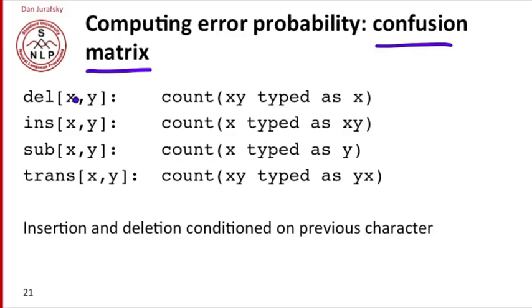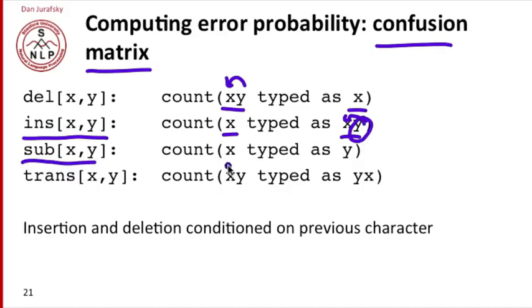So for example, for the pair of letters XY, we want to know how often XY is typed as X, meaning how often is a Y deleted when there's an X right before it. We're also going to keep a count, for insertion probabilities, of how often X was typed as XY. So how often is Y inserted after X? So Y deleted after X, Y inserted after X.